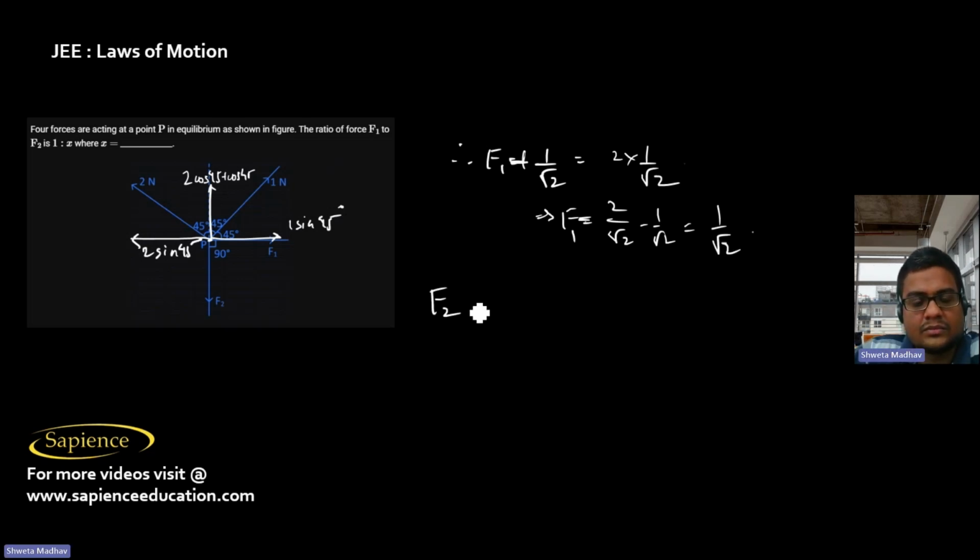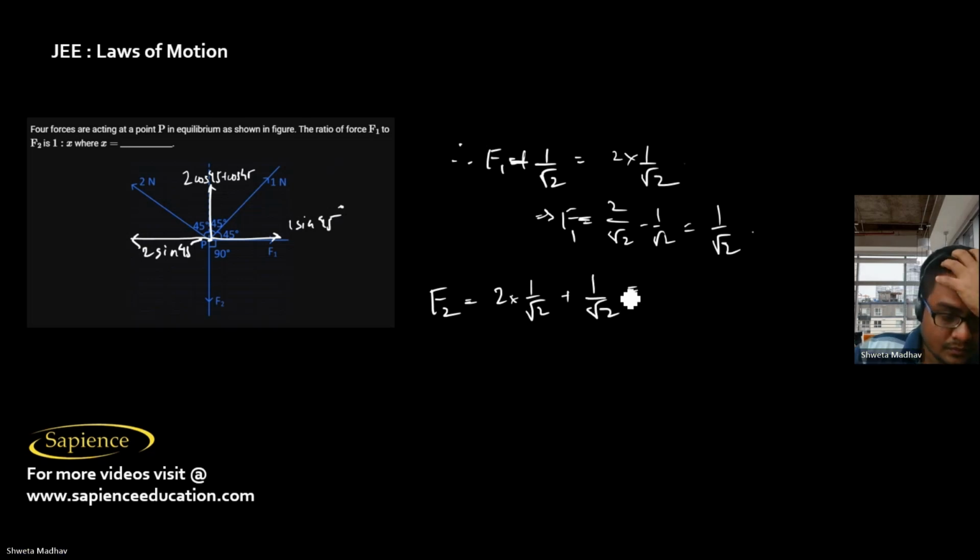Then f2 will be equal to 2 cos 45, which is 1 by root 2, plus cos 45, which is 1 by root 2, which is 3 by root 2.